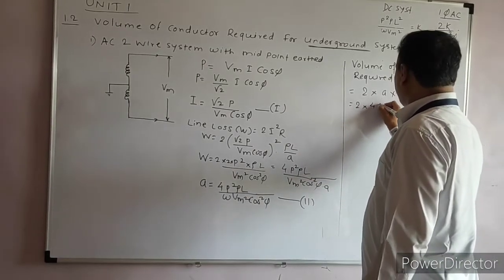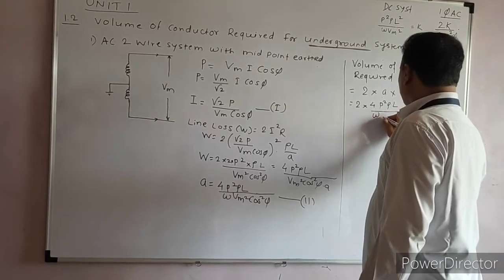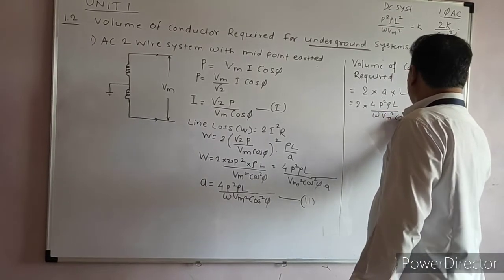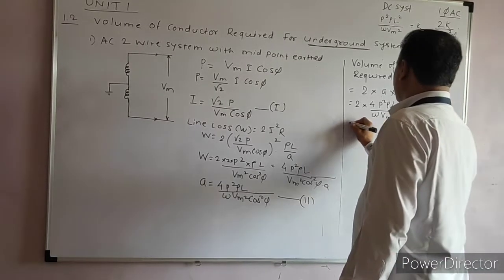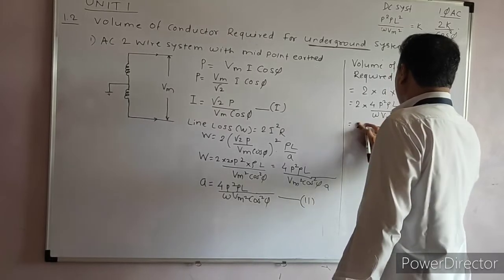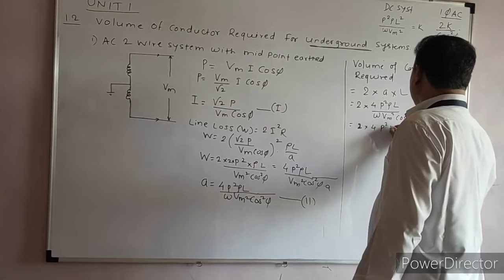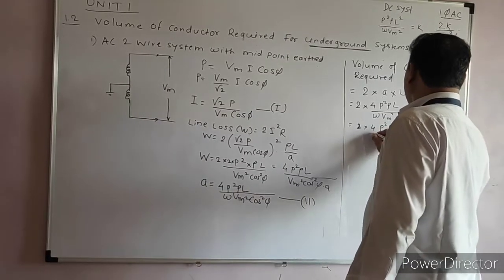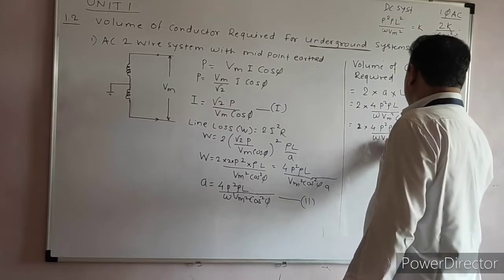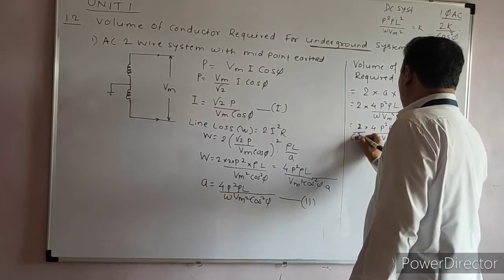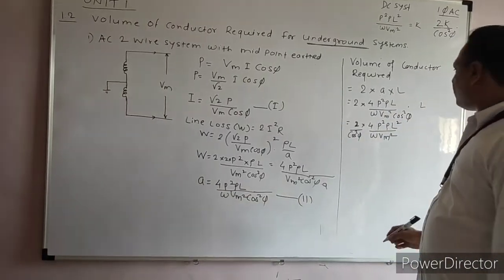Area is 4 P² ρL upon W Vm² cos² φ into L. So if I simplify this, this comes to be 2 into 4 P² ρL upon W Vm² cos² φ, and L into L I will write as L².